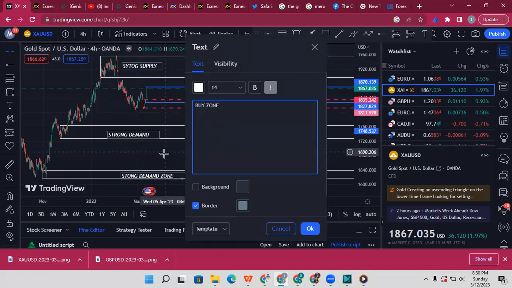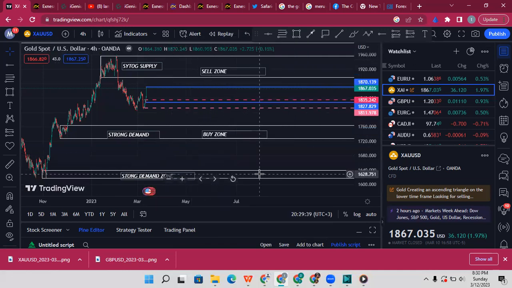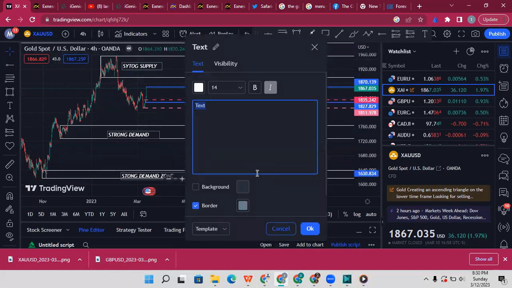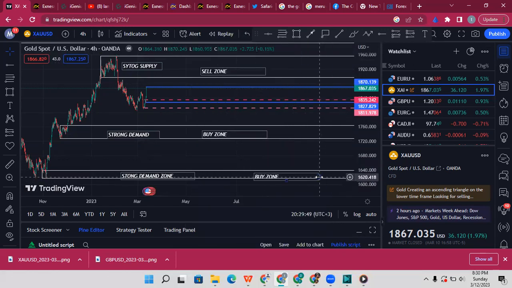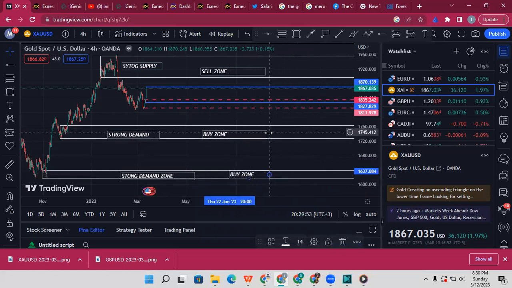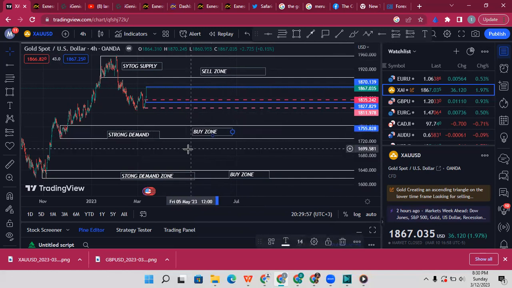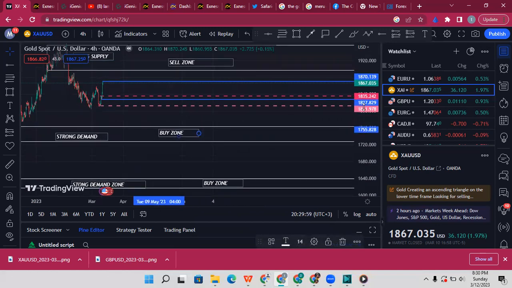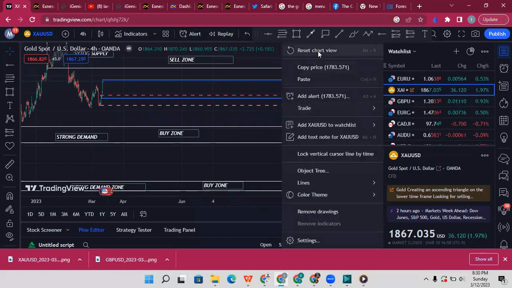And also when price gets into this level, I'm looking to buy. This is a buy zone. Just to keep it simple when I'm talking about supply and demand, you just don't go buying and selling anywhere. You want your levels to be reached.